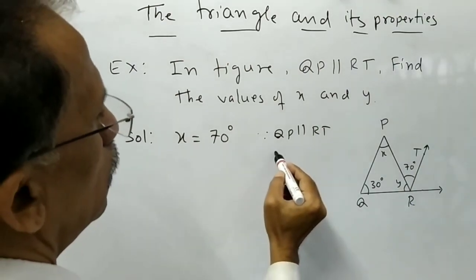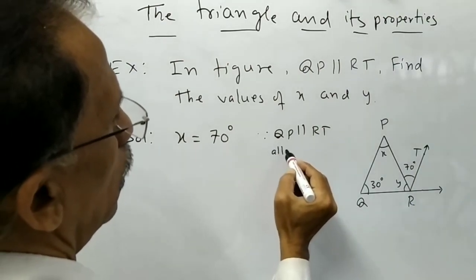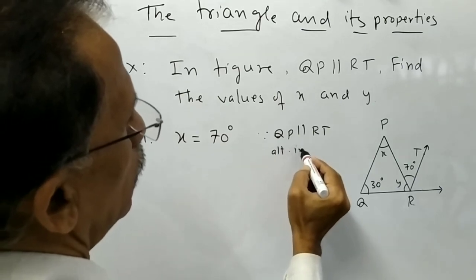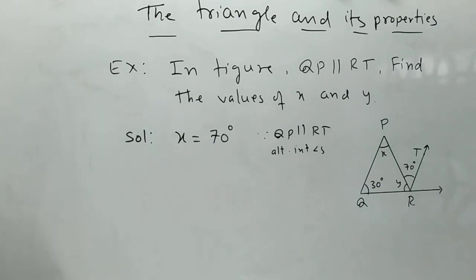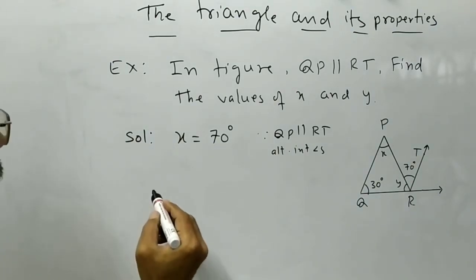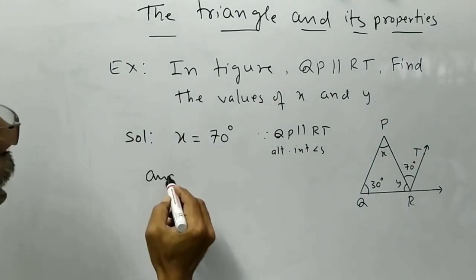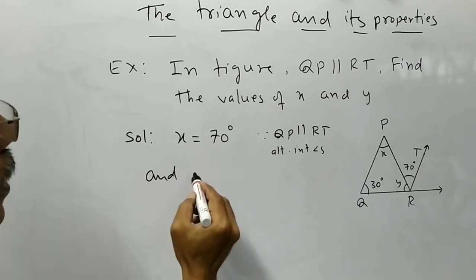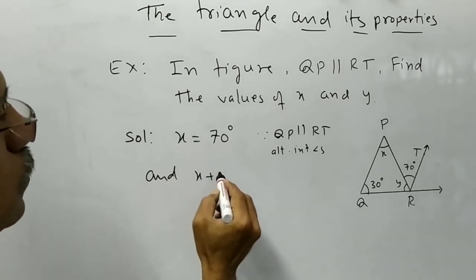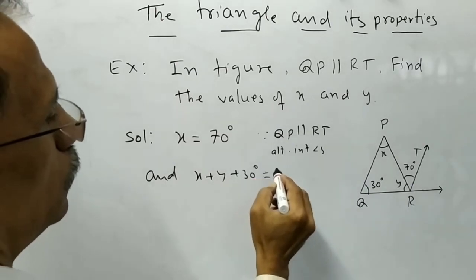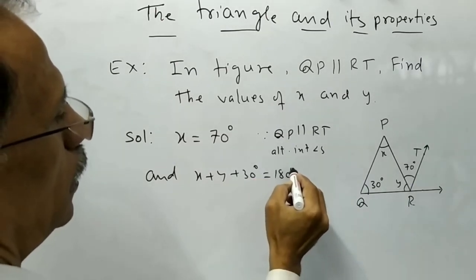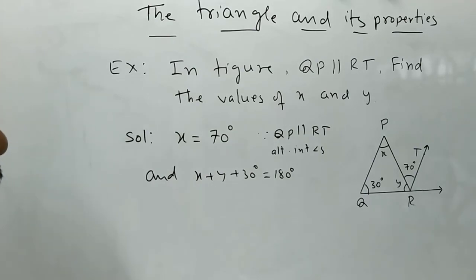They are alternate interior angles. And X plus Y plus 30 degree is equal to 180 degree by angle sum property of a triangle.